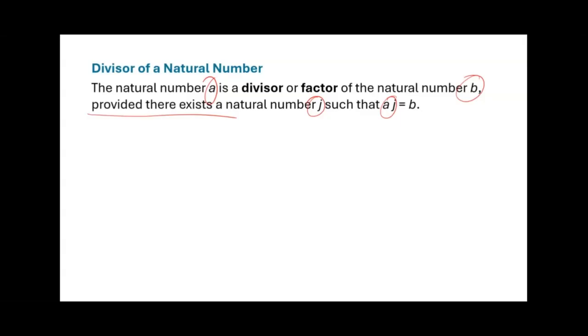Typically, when we think of factors, we think more about division. Like we would say 2 is a factor of 6, because you can divide 6 by 2, and it fits evenly, and there's a remainder of 0.